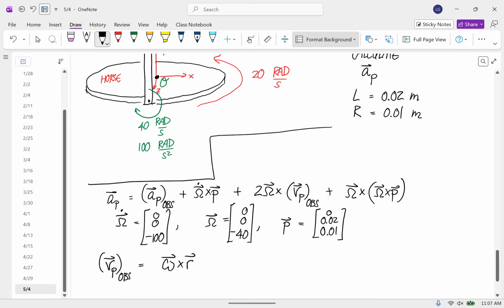I did this wrong. My P is right, but my coordinate system shouldn't be fixed to the arm, it should be fixed to the disk.